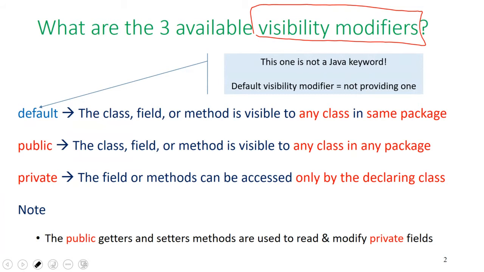So what does that mean, default visibility, public visibility, or private visibility? This has to do with who you are going to allow to see your attribute or method and use it. So let's start with private, the one that we used last time.